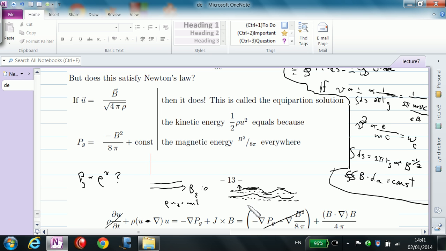Now, the gas pressure obviously has to change. But it changes only to second order, because B squared is B0 squared plus B1 squared.